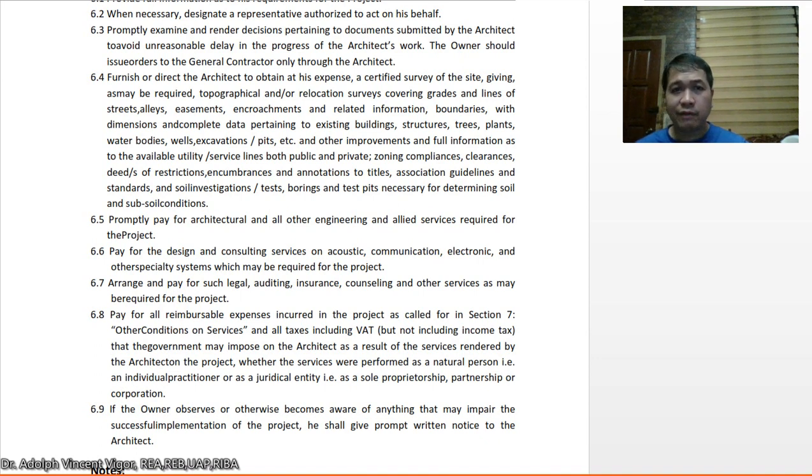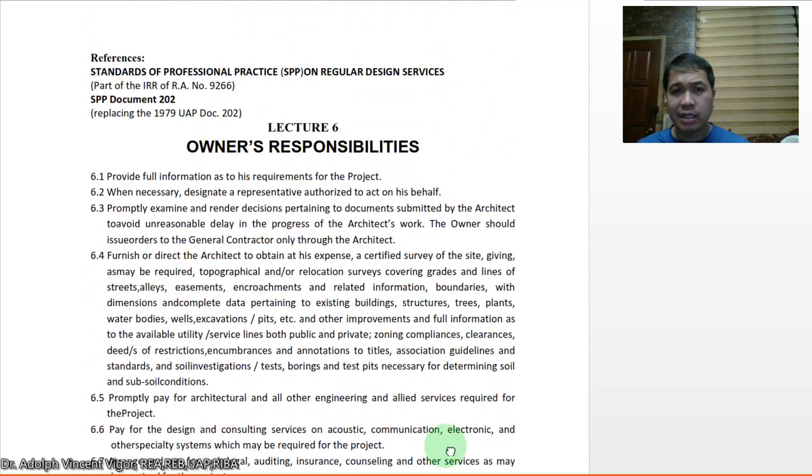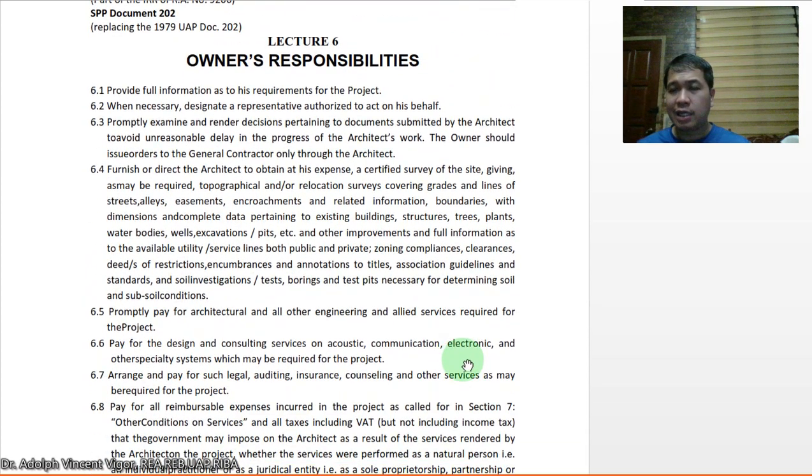But then again, if you look at 6.1 to 6.9, okay, what's really important, guys, is you learn how to communicate. So there should be proper communication between you and your client. Okay. So it's important that you have regular meetings and then you try to establish a professional relationship with your client.